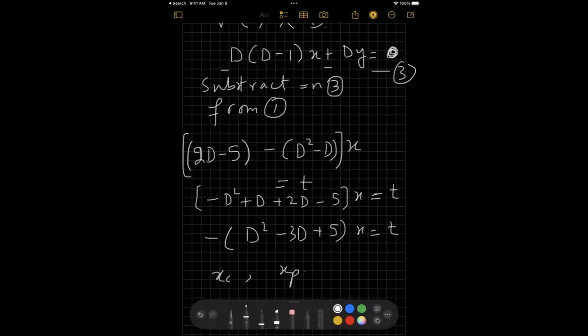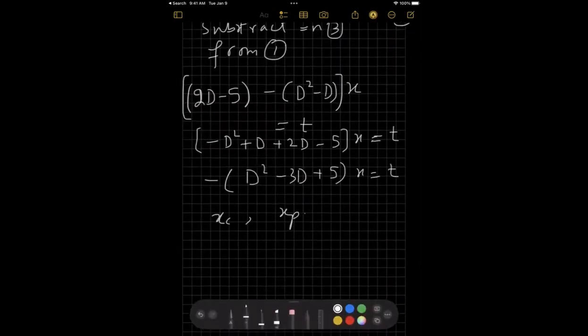For the homogeneous component, we have D squared minus 3D plus 5 equals 0.